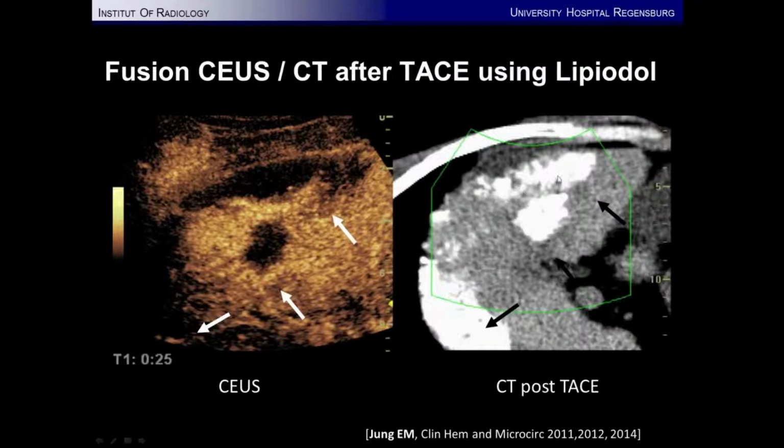In all 3 localizations, you have a complete devascularization of the HCC lesions, and you have no complication. You have no infarction of the liver. It was a very difficult treatment, but it went excellently using contrast-enhanced ultrasound for monitoring.